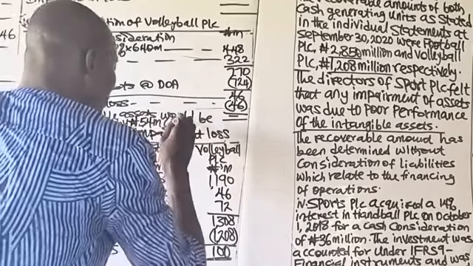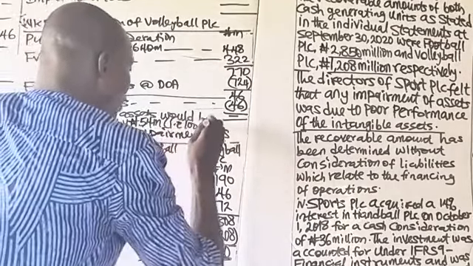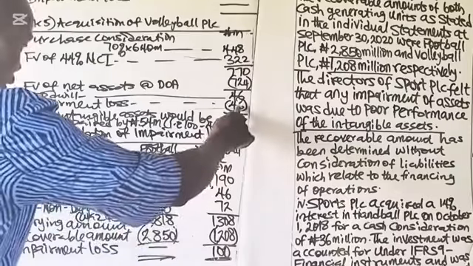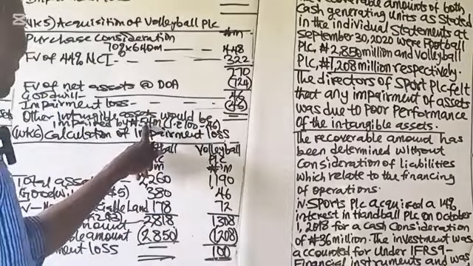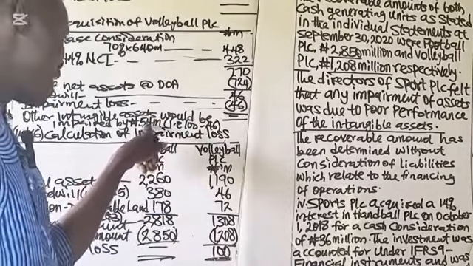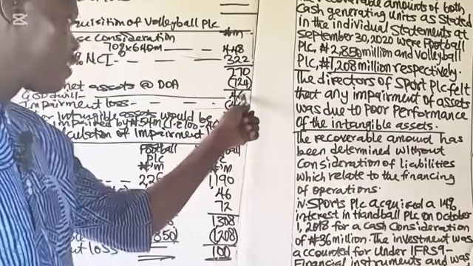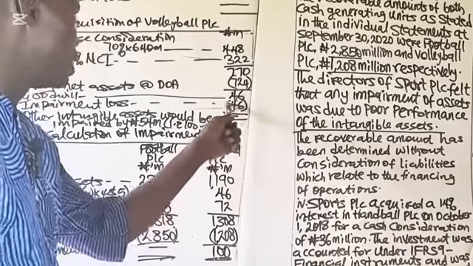That is 100 million minus 46 million. So if you have any intangible asset, you will impair that by 54 million, since of the 100 million, 46 million has been allocated to goodwill.